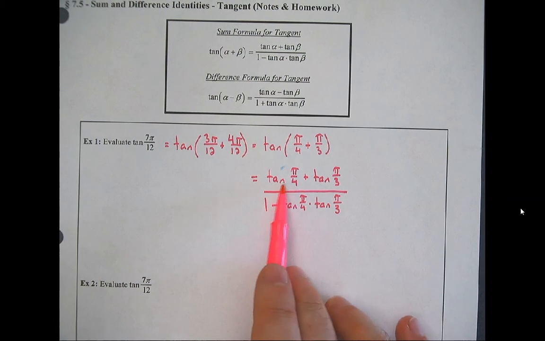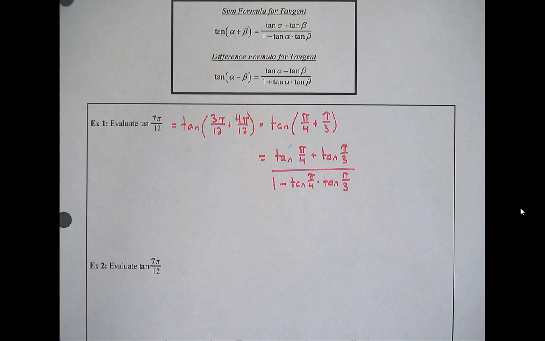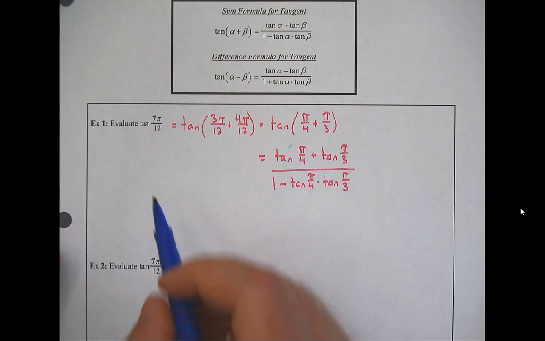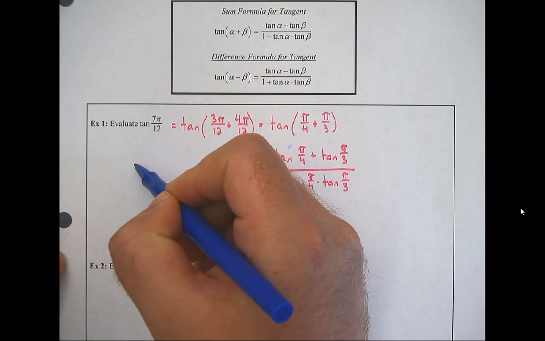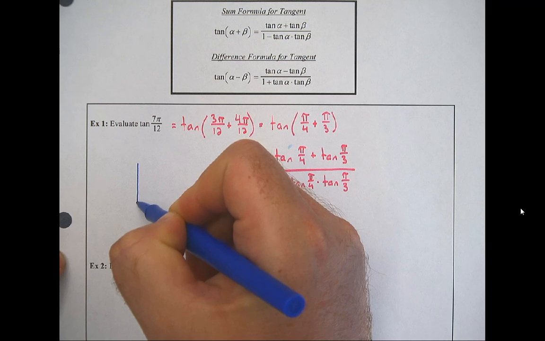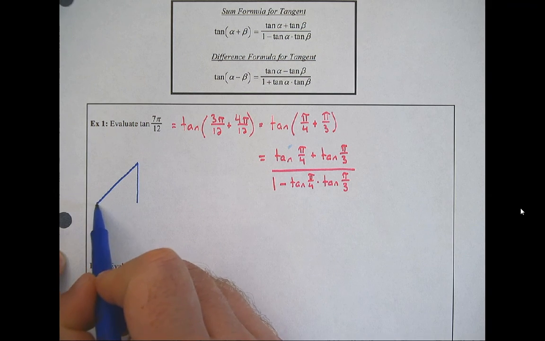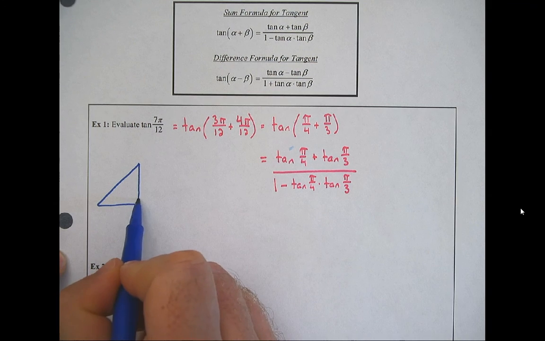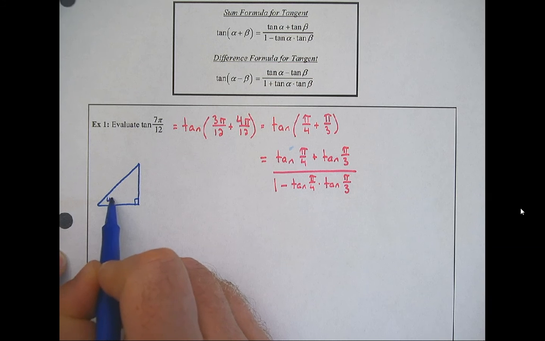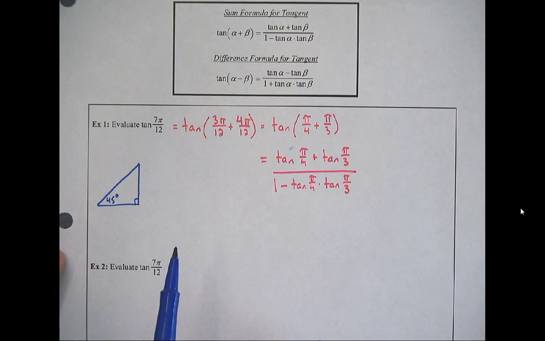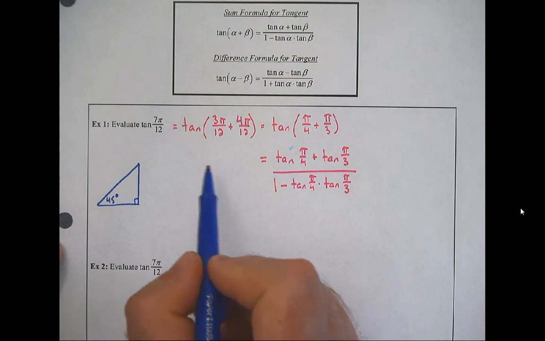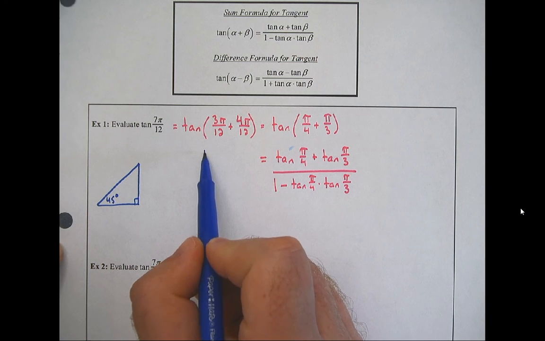Now I have to figure out what tangent of pi over 4 is. So I'm going to draw my pi over 4 triangle. Right angle, reference angle. Then I'm going to draw my 60-degree triangle.